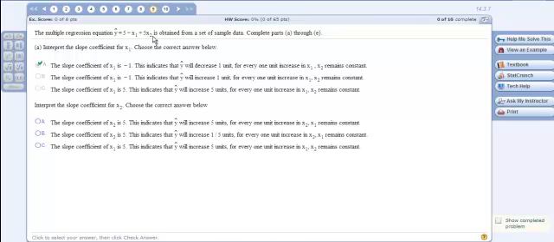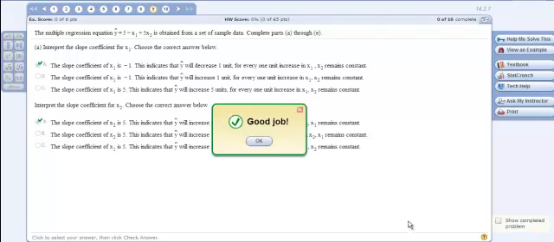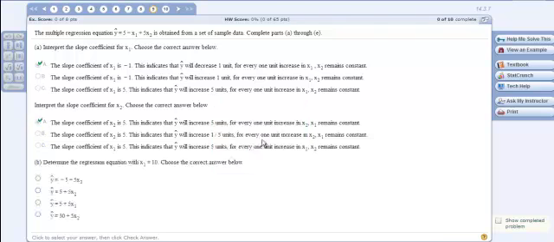That sounds correct because if we put in 1 for x2, this entire equation will go up by 5 if x1 remains constant. So let's go ahead and check that. Okay, terrific.